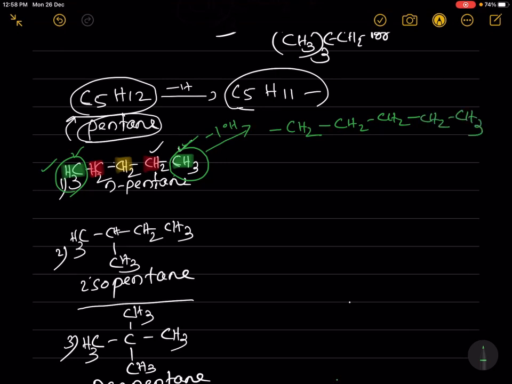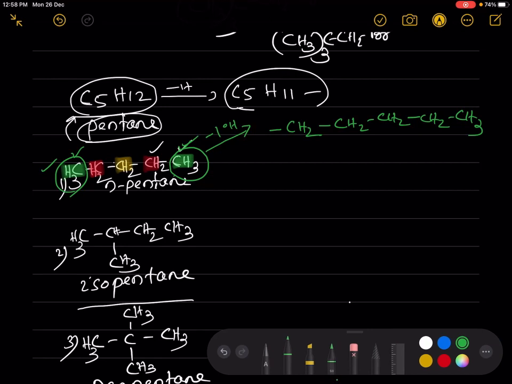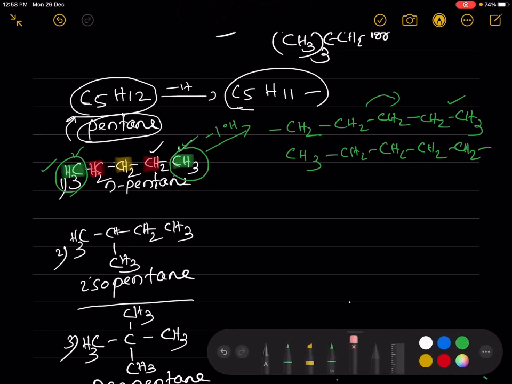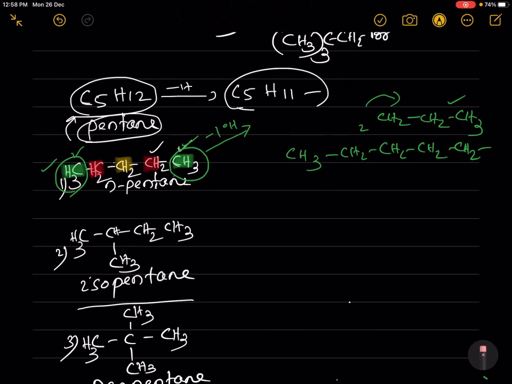Or you can write in a reverse way: CH3, CH2, CH2, CH2. These two structures are identical. So no need of writing two structures. You just write one structure.